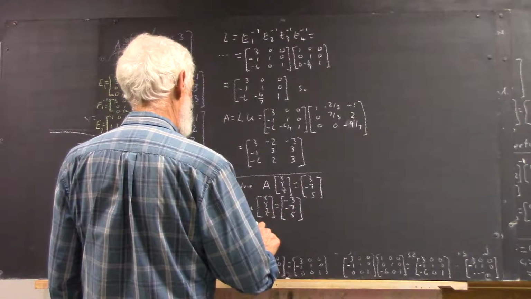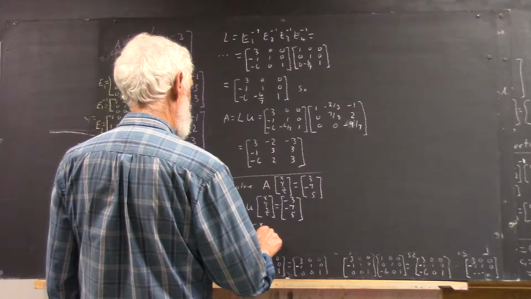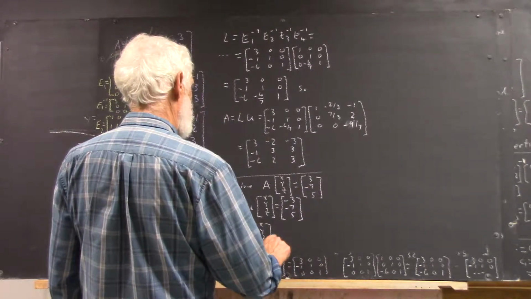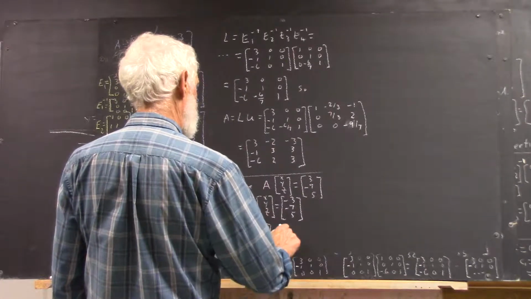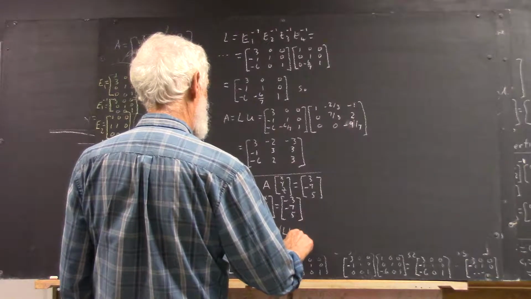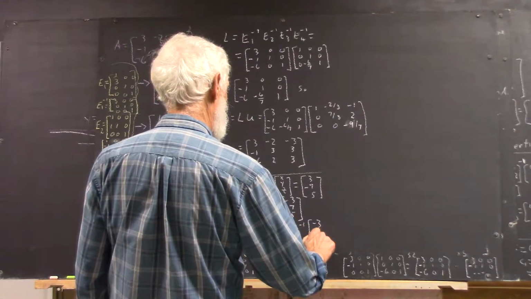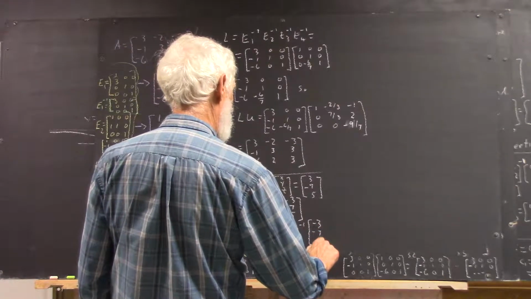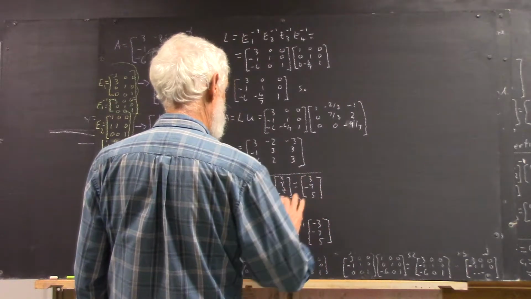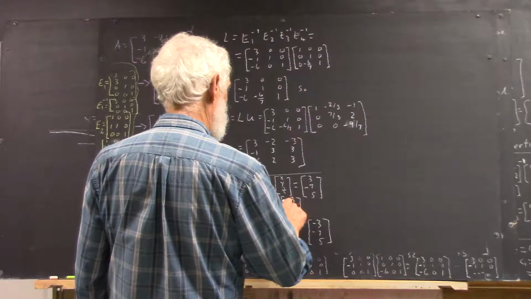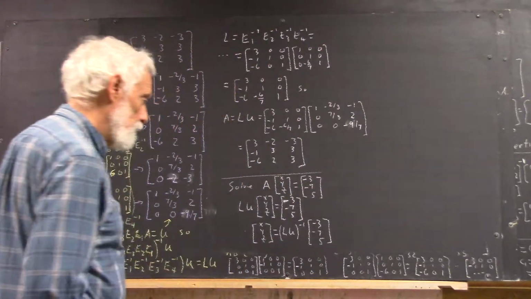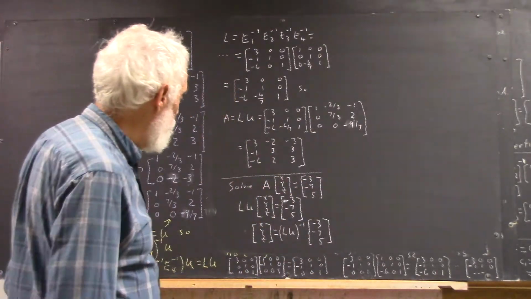So that XYZ is LU inverse times -3, -7, 5, and it's not -3, is it? Okay, yeah, now it's -3. Just change it up here.